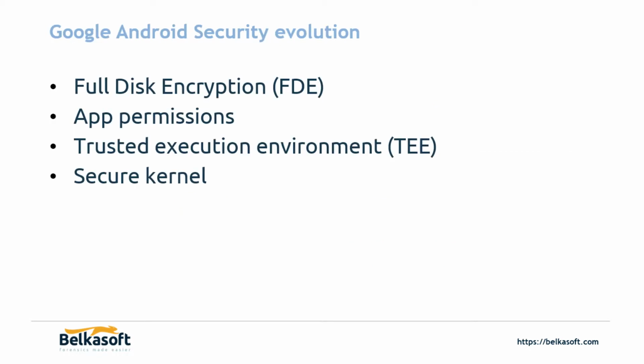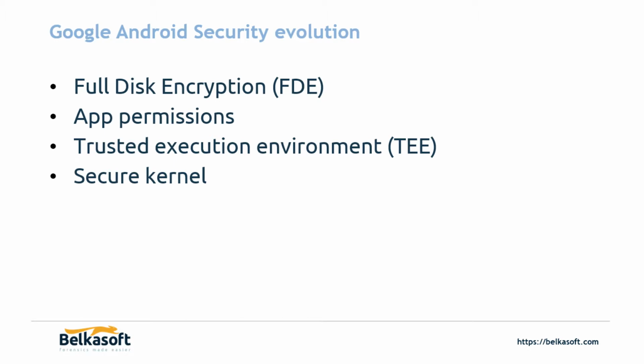Along with chipsets utilized in Android devices, one more issue with which an expert has to deal with is Android security features. The initial version of Android didn't have a full disk encryption mechanism to store data in an encrypted format within the device. As a result, extracting data from the device was much easier for a forensic investigator than it is currently.